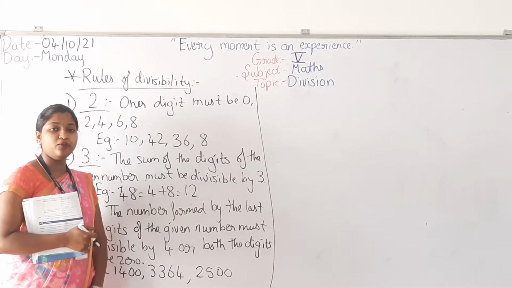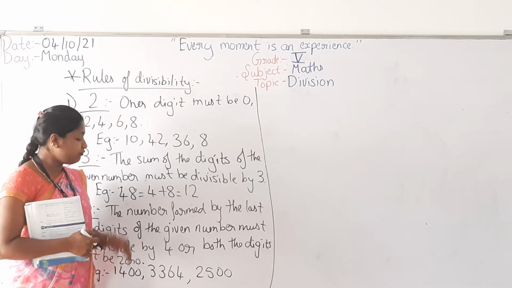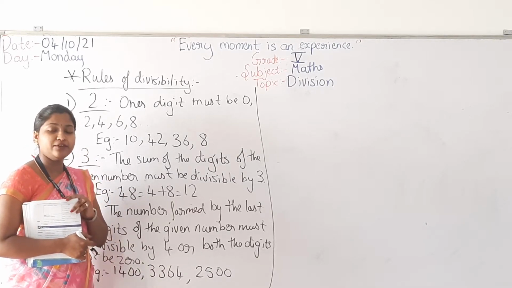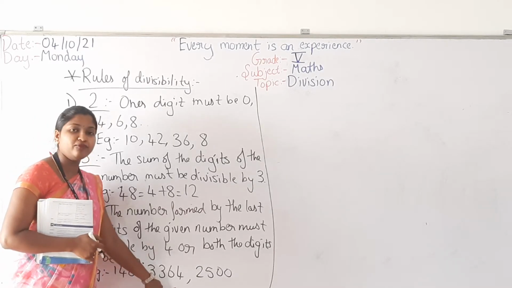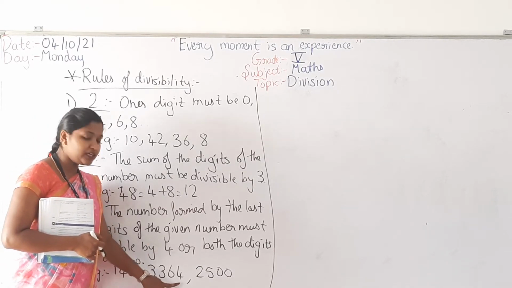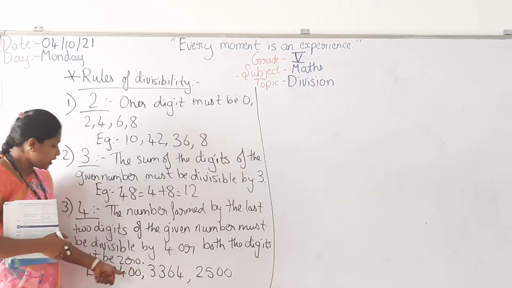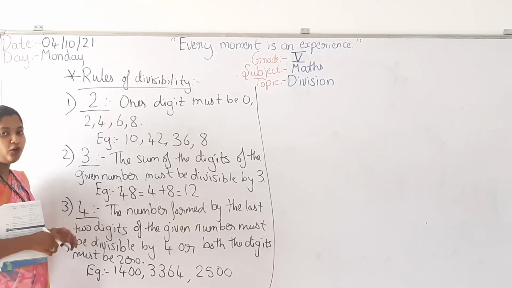It is divisible by 4. Yes, tell me, 4 times 16 is 64. So it is divisible by 4. So the condition is, if the number formed is divisible by 4, or the two digits are 0, then it is divisible by 4.